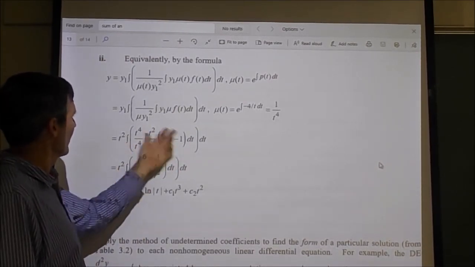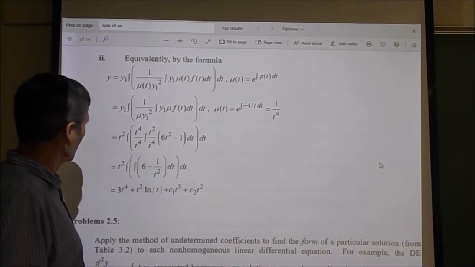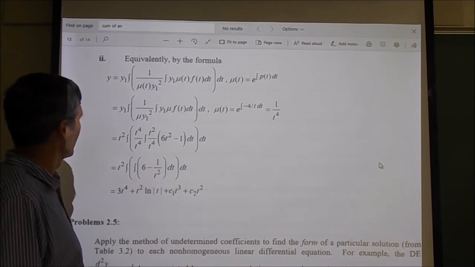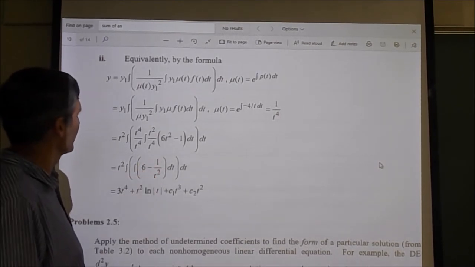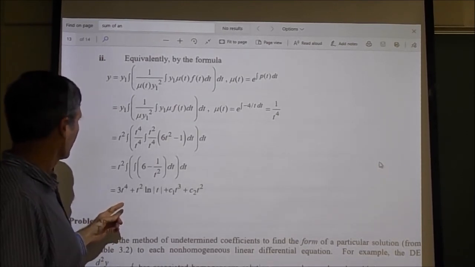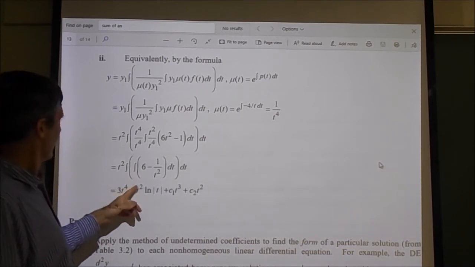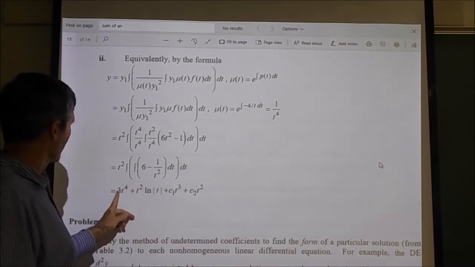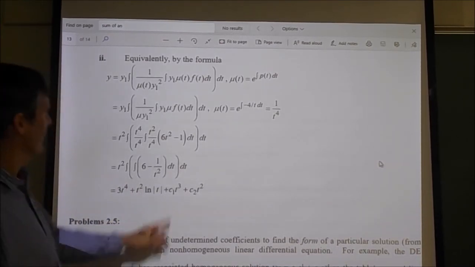This is easy to integrate, right? It's just the power rule. Oh, I'm sorry, the integrand is 6 minus 1 over t squared. And with a little integration work, you wind up with 3t to the fourth plus t squared ln t plus c.